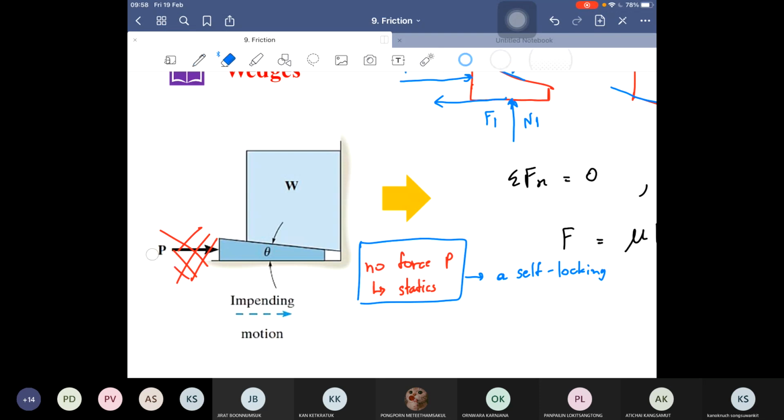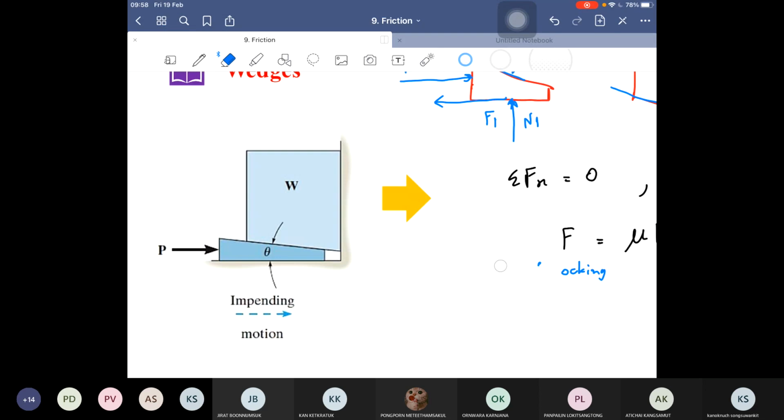Or sometimes this force P can be exerted in the opposite direction. Right, the force P can act in this direction, in case you are trying to move this wedge out of the system. Then the movement will change, right?